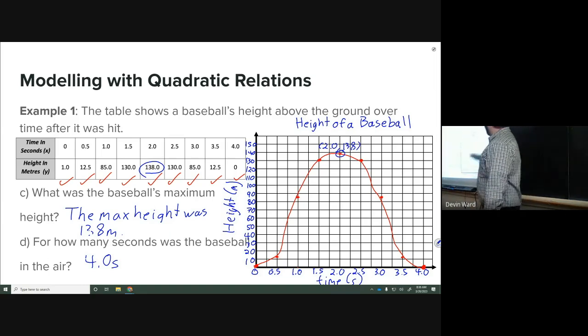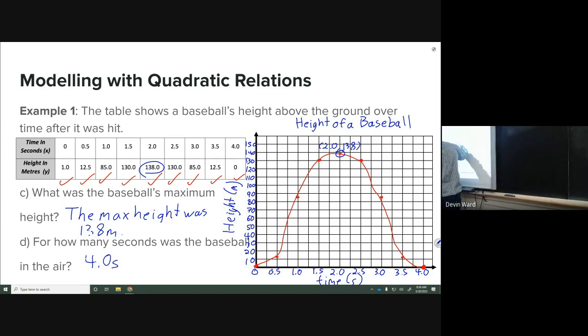So yeah, you can either look for the time when it's maximum and double it, or look for when it hits 0. Okay, so because the height is 0 at 4 seconds, that's how long it was in the air for.